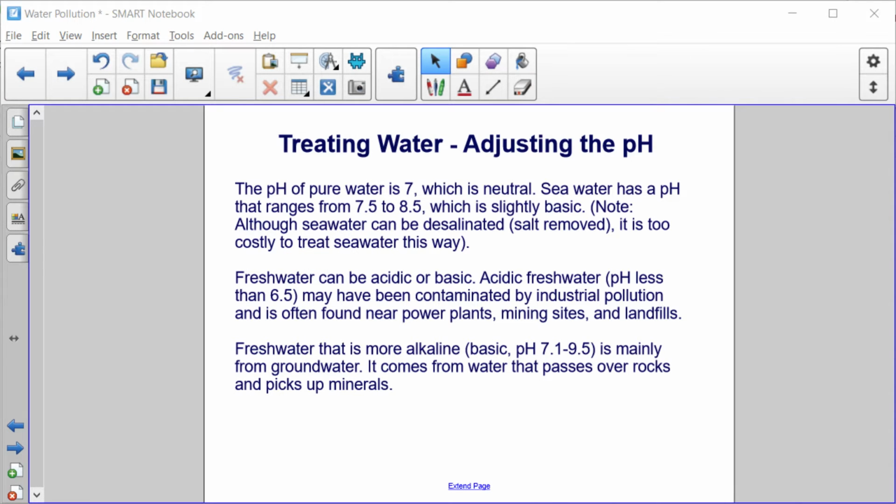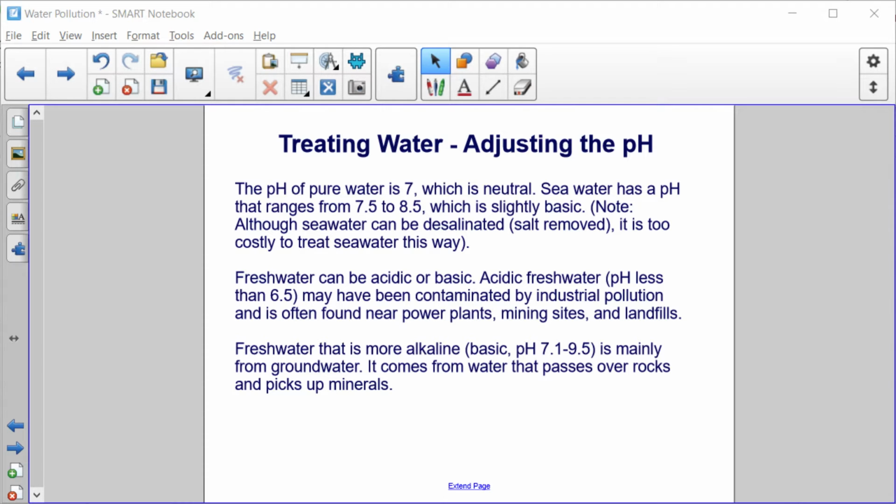Treating water, adjusting the pH. The pH of pure water is 7, which is neutral. Seawater has a pH that ranges from 7.5 to 8.5, which is slightly basic. Note, although seawater can be desalinated, having the salt removed, it is too costly to treat seawater this way. Freshwater can be acidic or basic.